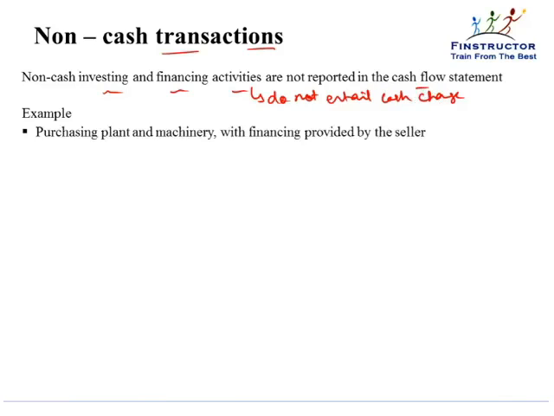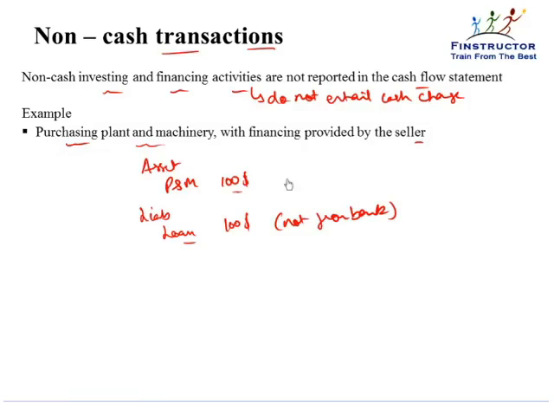For example, purchasing plant and machinery with financing provided directly by the seller. So I purchased an asset worth $100, but I never paid for this asset. I was simultaneously given a loan by the seller of this plant and machinery to the extent of $100. Please note, this loan is not from a bank or an external source.